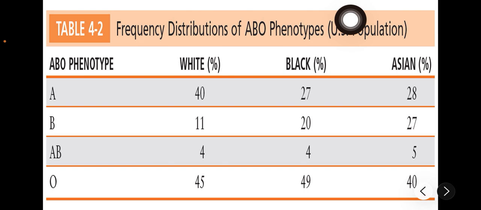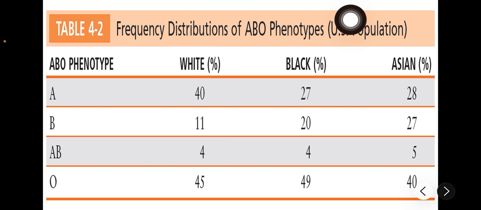For the white population, the most frequent type is Group O at 45%, followed closely by Group A at 40%. Group B accounts for 11%, and Group AB is the least frequent at 4%.